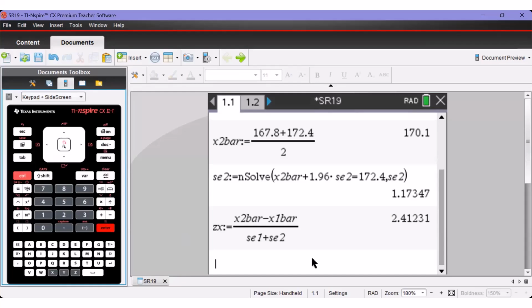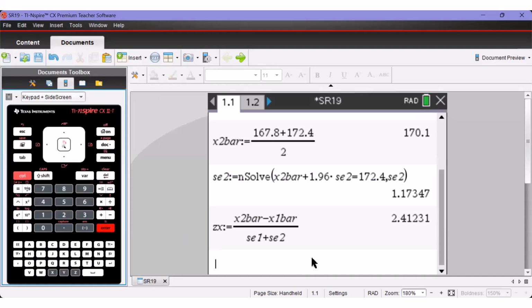Now what we can do is use the normal CDF command to calculate the corresponding probability, which will give us X, and we can express that as a percentage.